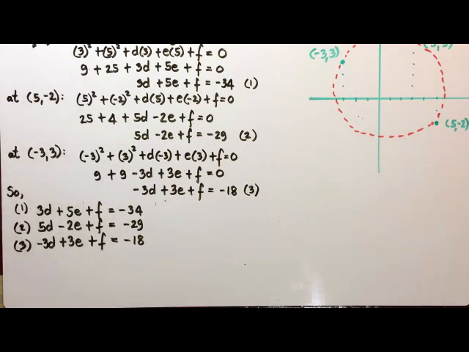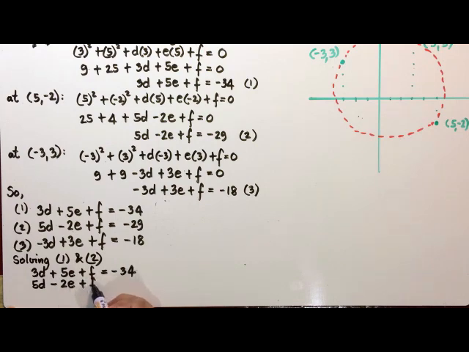By elimination, I can eliminate f from 1 and 2. So solving 1 and 2. What is my first equation? It's 3d plus 5e plus f equals negative 34. And my second equation is 5d minus 2e plus f is equal to negative 29.